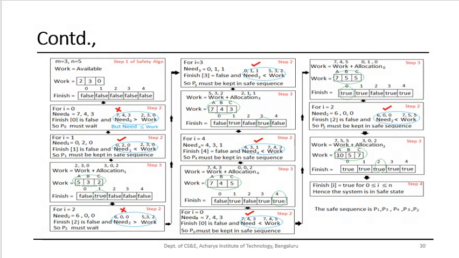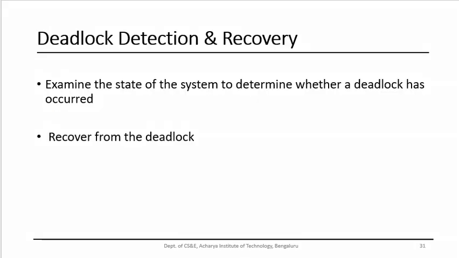So in that case, what are you expected to do? If you allow deadlock to occur, then you should have a means of detecting the deadlock, right? Detecting the deadlock, and after you detect the deadlock, you should try to recover from the deadlock and allow the processes to continue their execution.